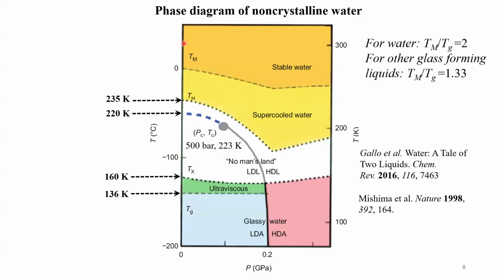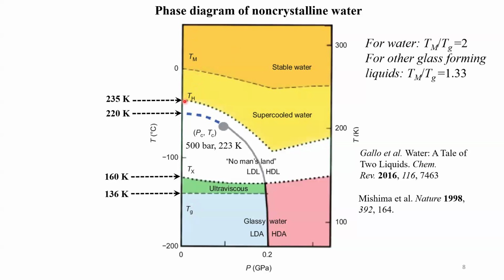Now, as you decrease the temperature, you first encounter the point written 0. That is the melting temperature at atmospheric pressure, above which liquid water is stable, below which ice is thermodynamically more stable, but liquid water is still metastable, and that is why it is called supercooled water.